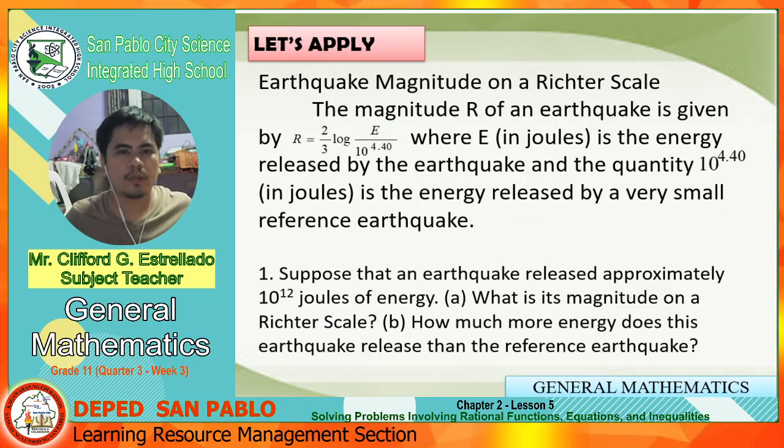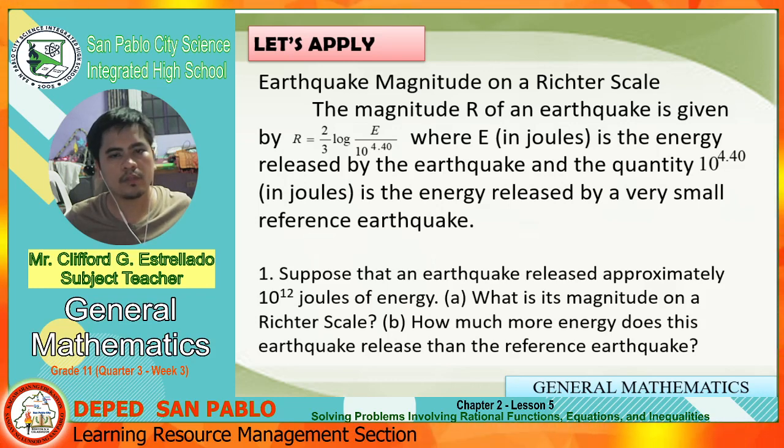Next, the application of logarithm in real life. So, earthquake magnitude on a Richter scale: the magnitude R of an earthquake is given by R is equal to 2/3 times logarithm of E over 10 raised to 4.40 with the base of 10, where E is expressed in joules.